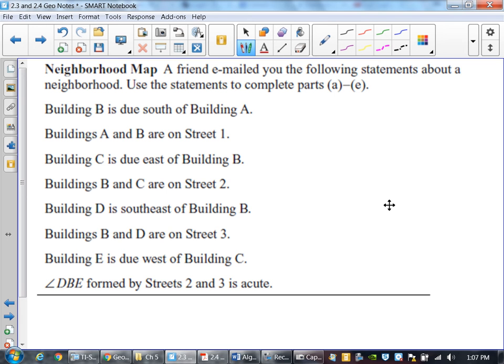Now, obviously in this class we're not going to worry about bearings or anything like that. Do you know what I mean by the term bearings? If I say an airplane is going at 75 degrees northeast, that means it's going this way, off north 75 degrees.